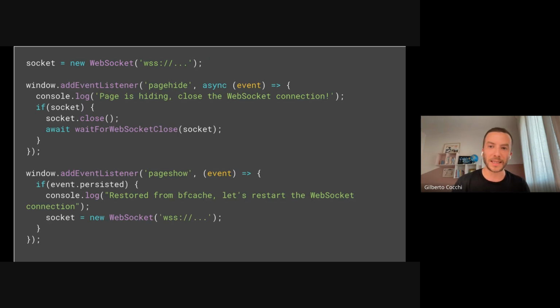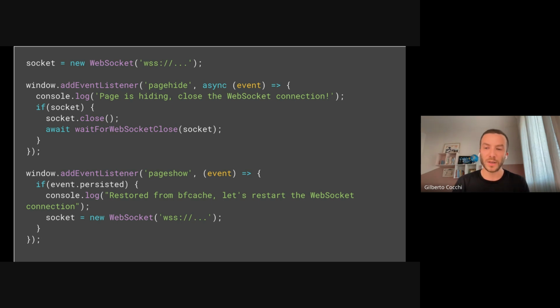But in reality, what we would like to advise is doing something similar to this. Yes, initialize the WebSocket on page load or whenever you want, but when pagehide triggers, be a good citizen of the web and close your WebSocket connection within pagehide. And the second aspect is even more important.